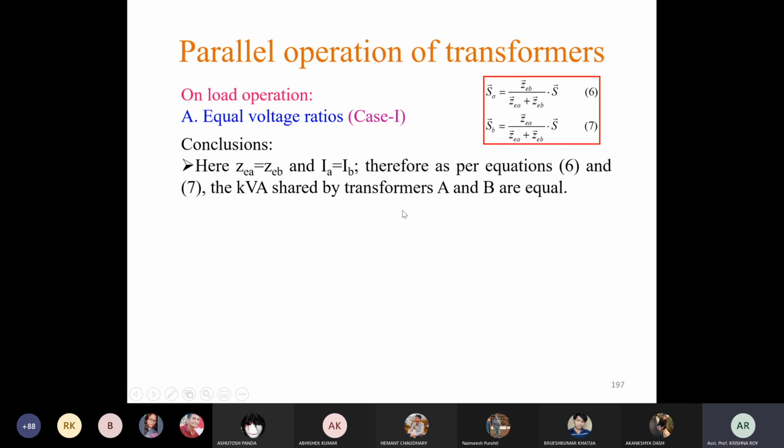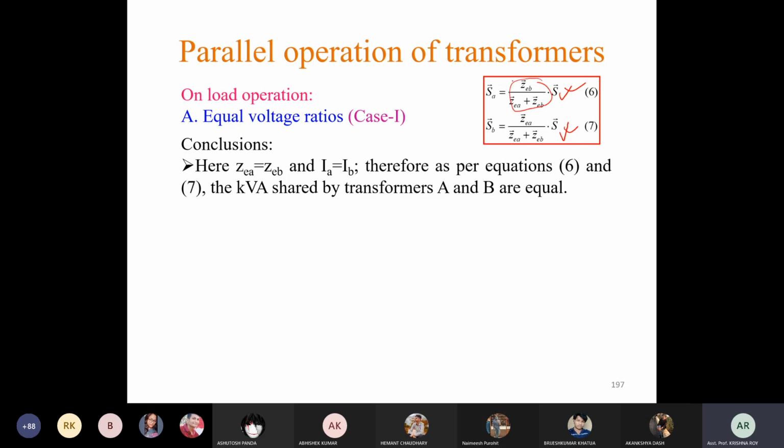Okay, so here we can conclude that ZEA equals ZEB and IA equals IB. Therefore, as per equation 6 and the next equation 7, the KVA shared by transformers A and B are equal because ZEB and ZEA are both equal.